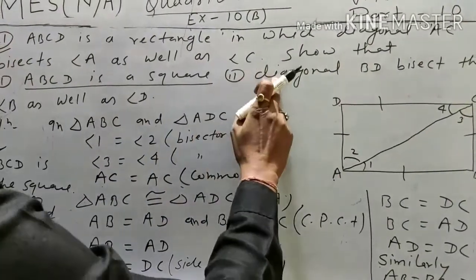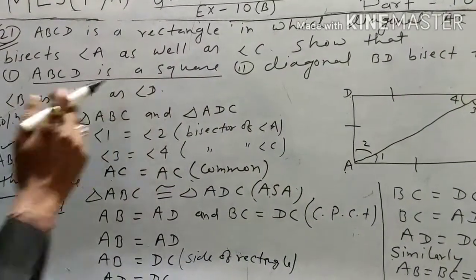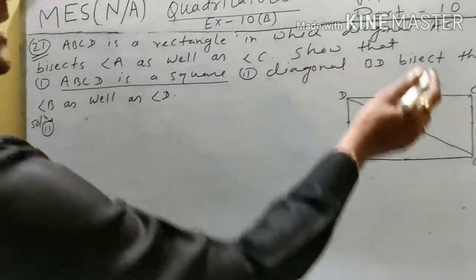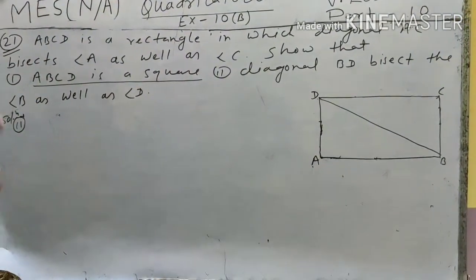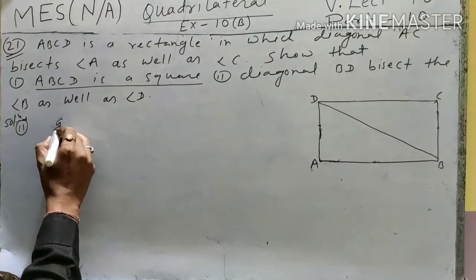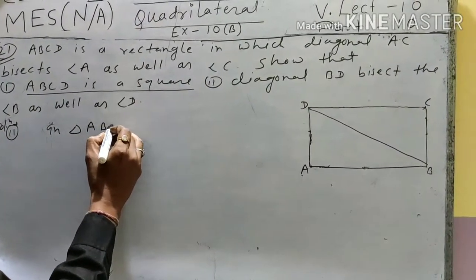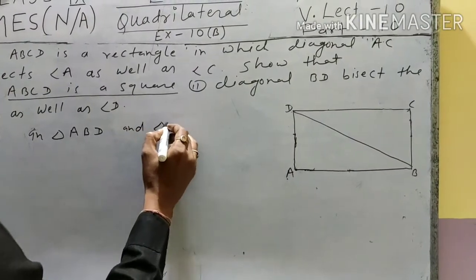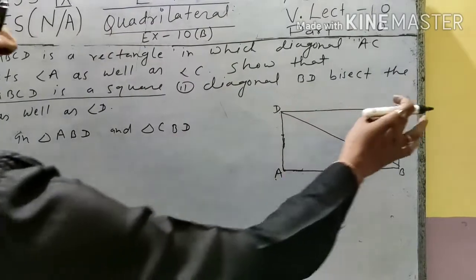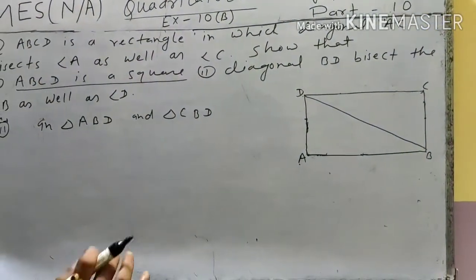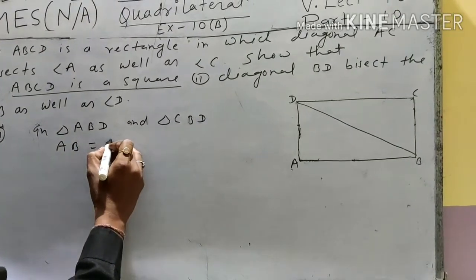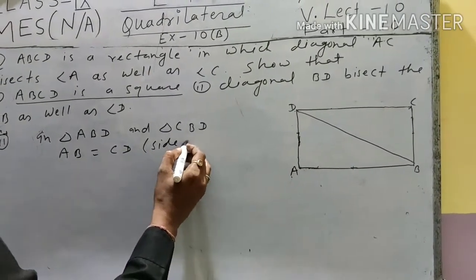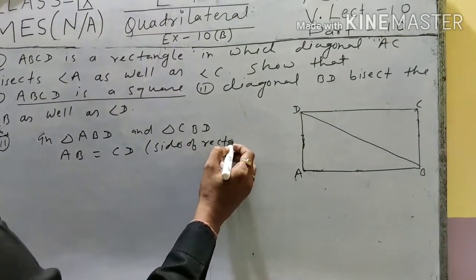And the second one is diagonal BD bisects angle B as well as angle D. Okay student, in the second case, in triangle ABD and triangle CBD, in these two triangles, AB is equal to CD, sides of a rectangle.